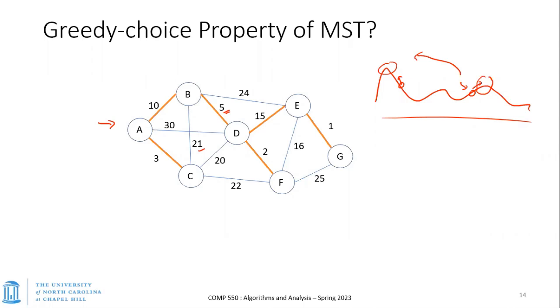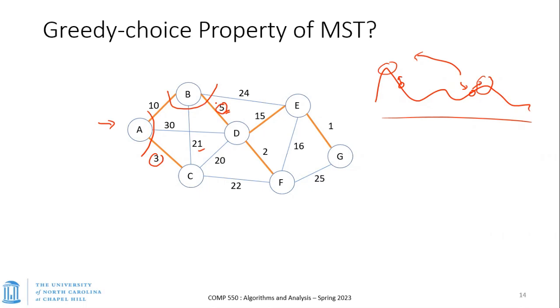Essentially, we're saying that for every vertex, we're going to pick an edge which is least cost. For A, we picked 3. For B, we picked 5. Now can you see something happening there?